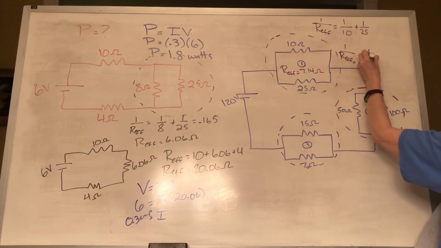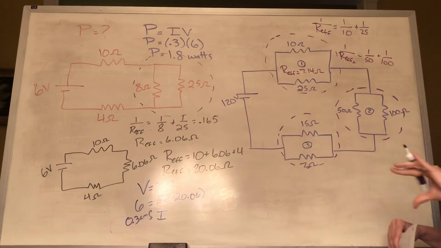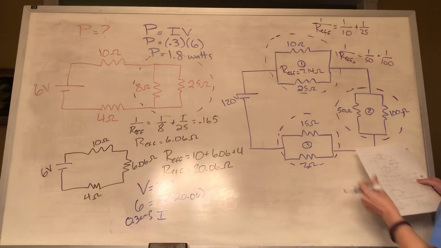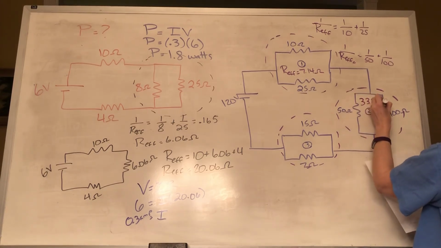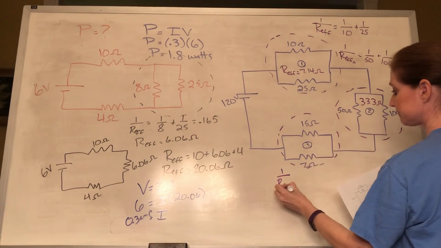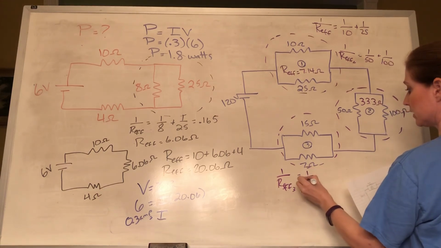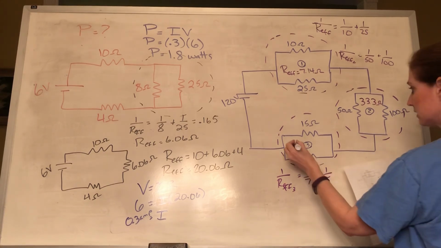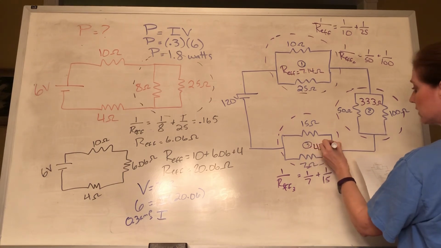We do the same thing over here for our R effective 2. So 1 over 50 plus 1 over 100. All right, add that together, then take the reciprocal. This is going to come out to be 33.3 ohms. And then my last one down here, so 1 over 7 plus 1 over 15, and our R effective is going to be 4.77 ohms.